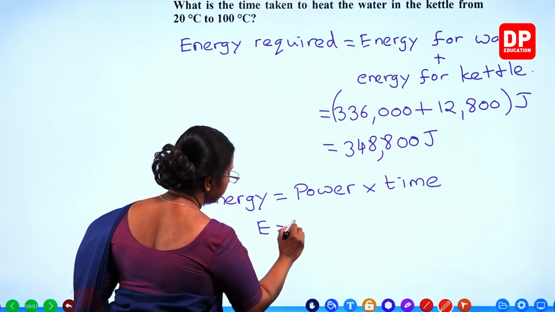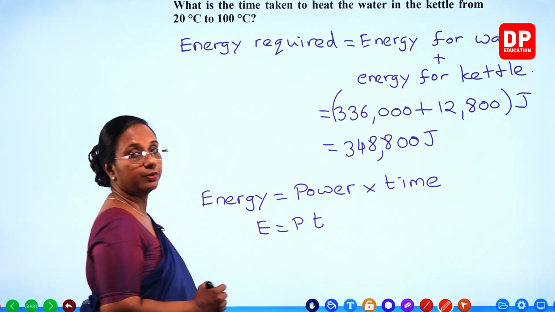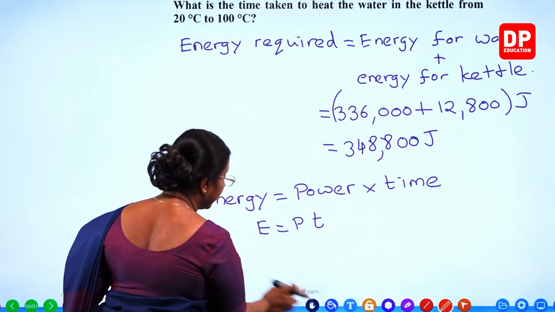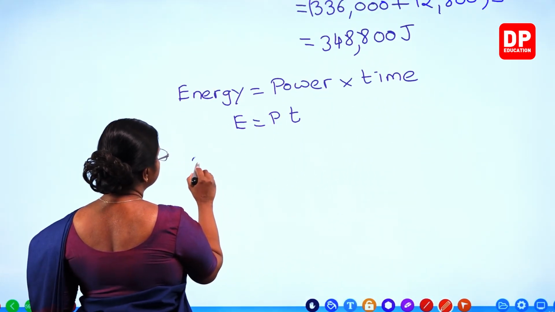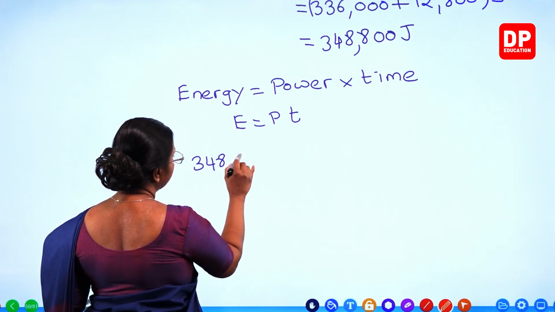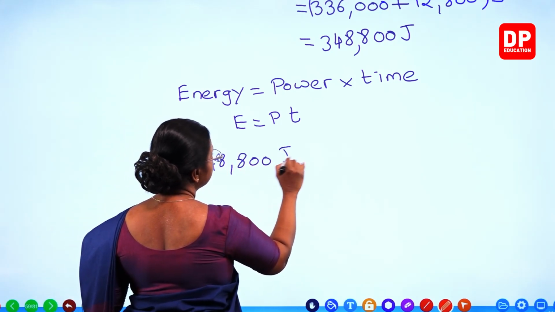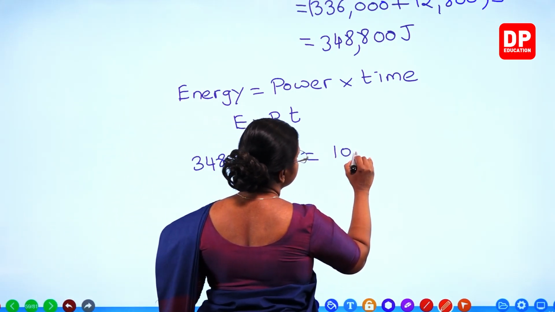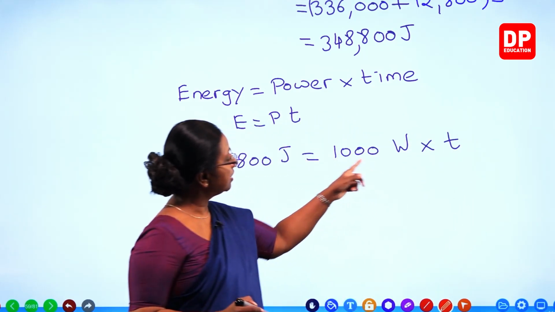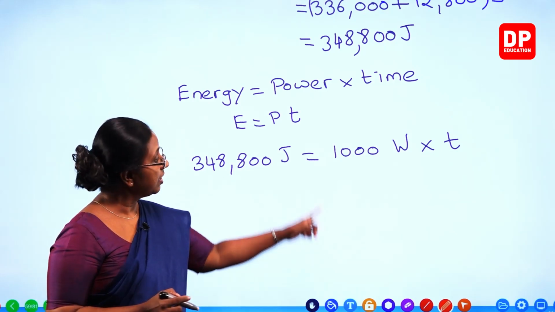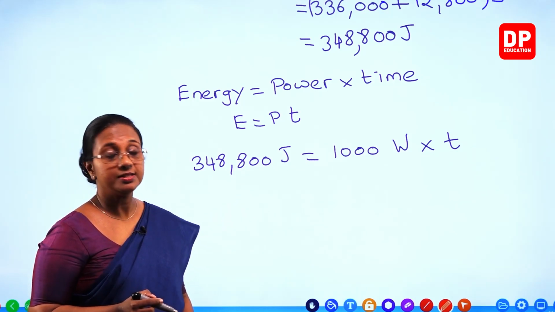E equals PT. So in that we know the energy, that is 348,800 joules. Power is given to us as watts into time. Now, here we need to find the time. Watts, you know, is joule per second.